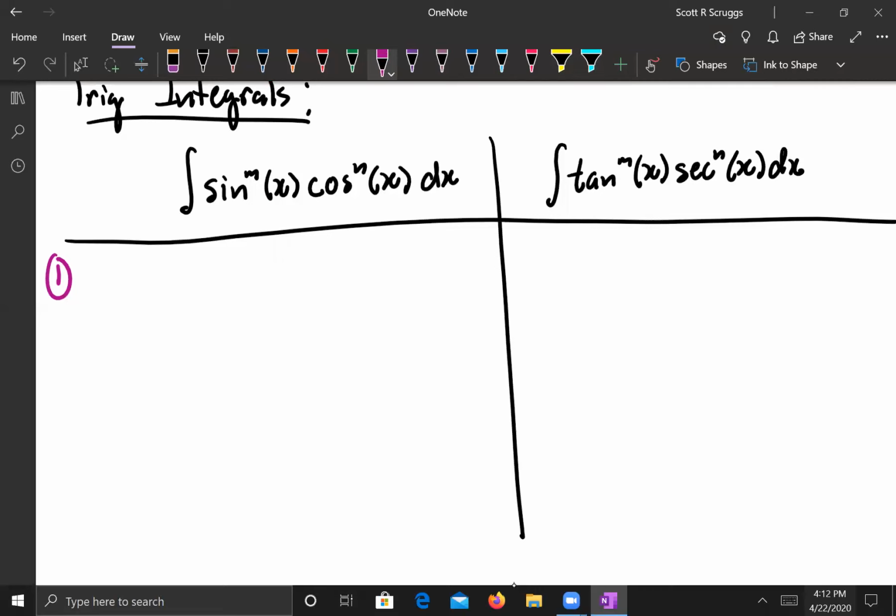And so for the first method, to know what to do, I need to pay attention to the power with sine and cosine. I observed that the power that is married with sine, I found out that that's odd.